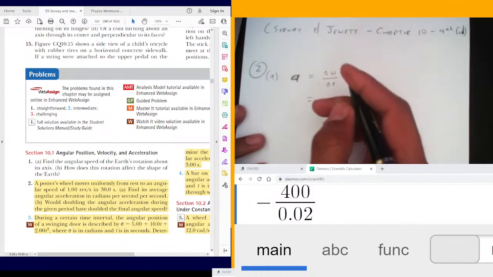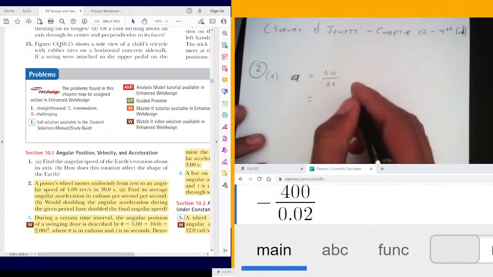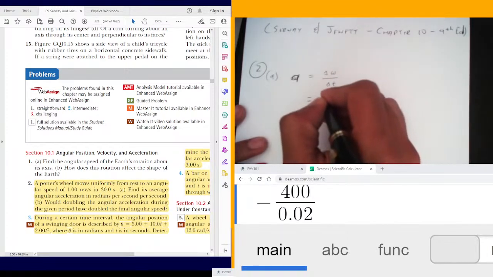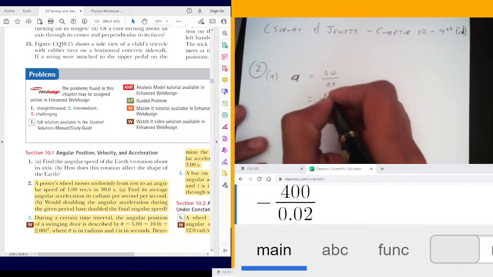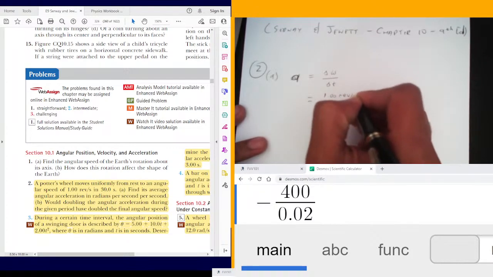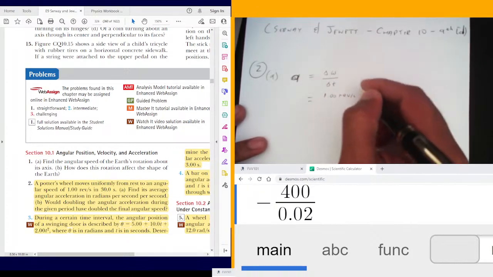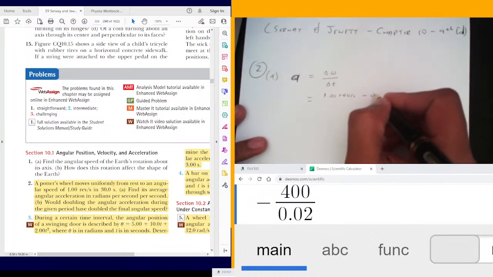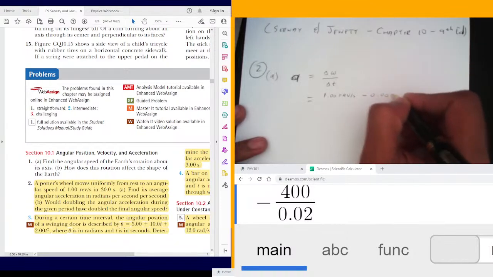Now the final speed is 1 revolution per second, and it starts from rest, so its initial speed is 0 revolutions per second.